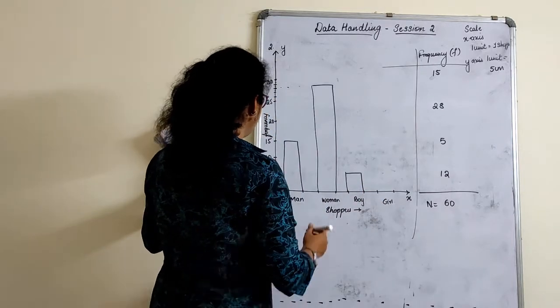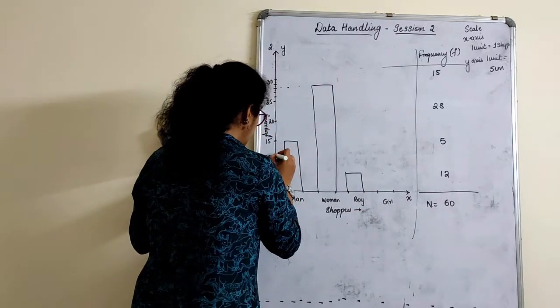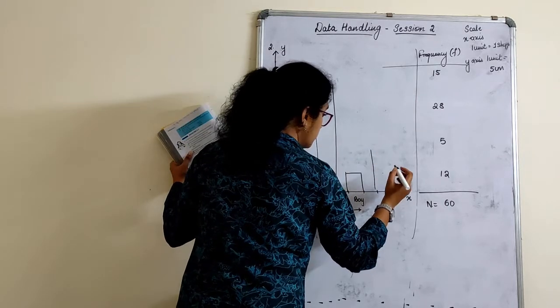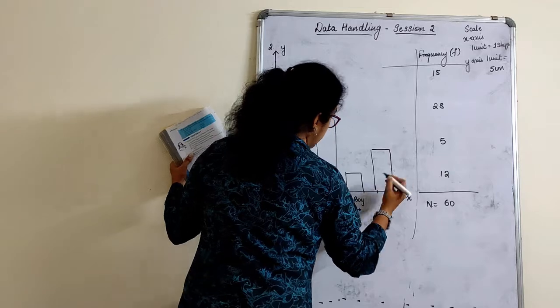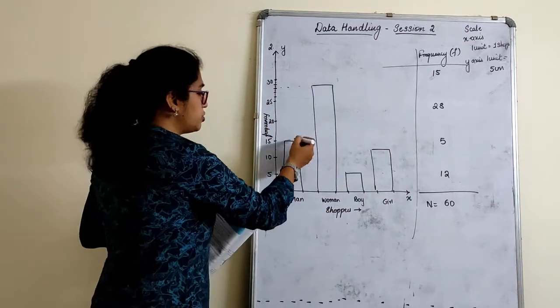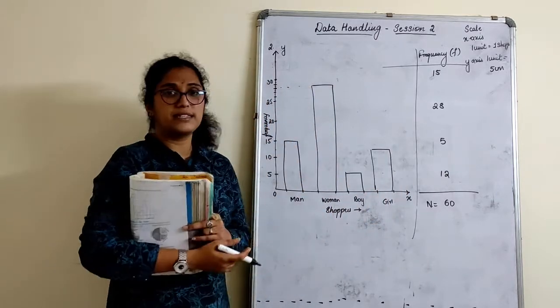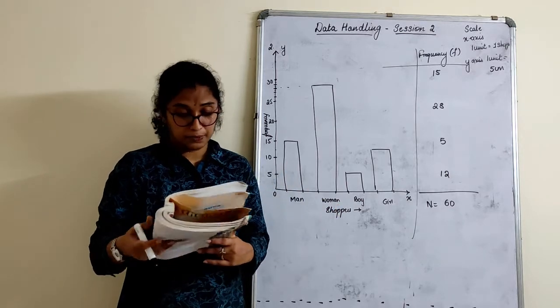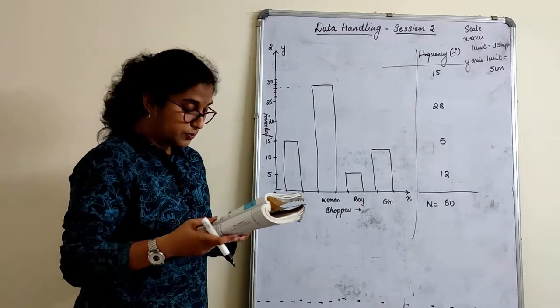Then girls, we have 12. So 10. So somewhere here it comes. That's all. Now it's up to you whether you want to share this or right. Keep it as simple as possible. This is how you are supposed to represent a bar graph. Okay. We'll quickly move to the next one.